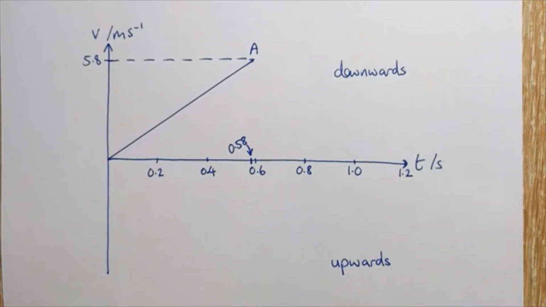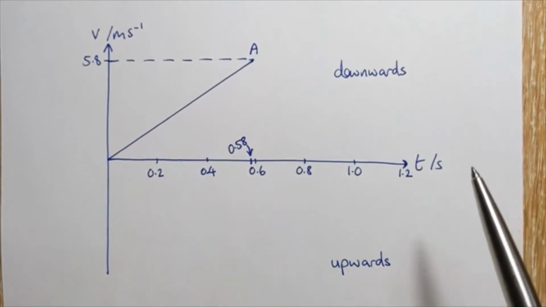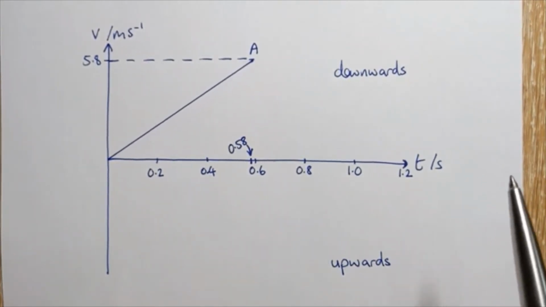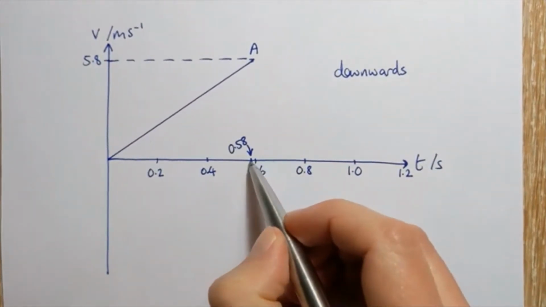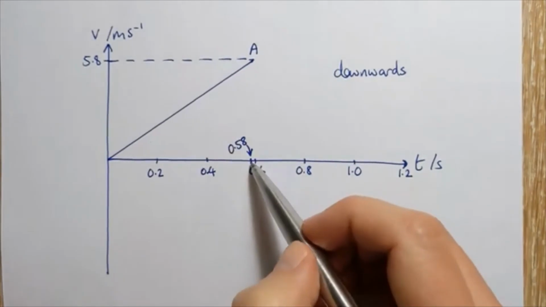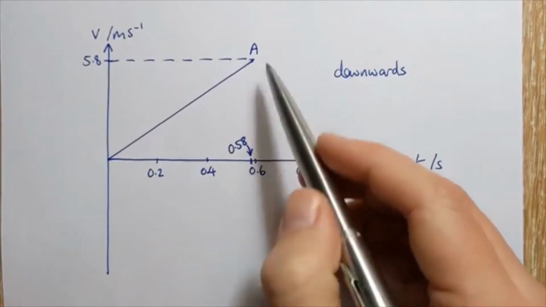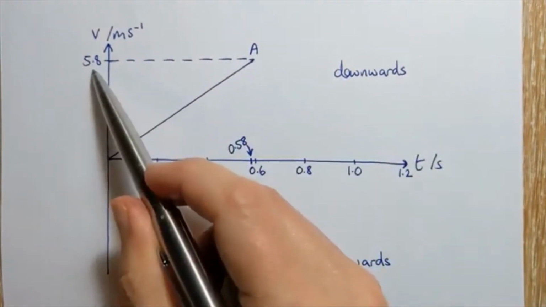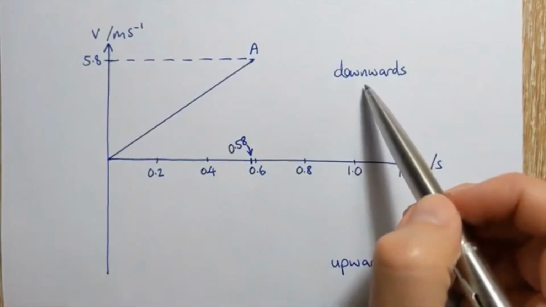Okay, so the ball's in contact with the ground for 20 milliseconds. That's 0.02 seconds. So it's that little bit of time there. So the ball hits the ground at 0.58 seconds, travelling at 5.8 meters per second downwards.